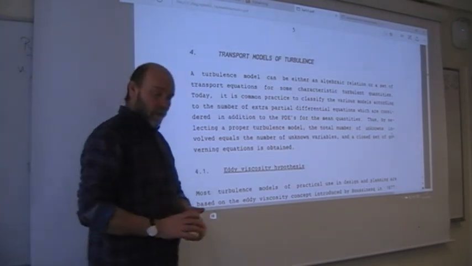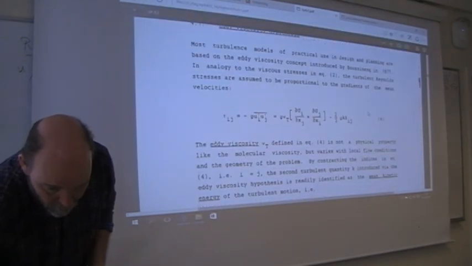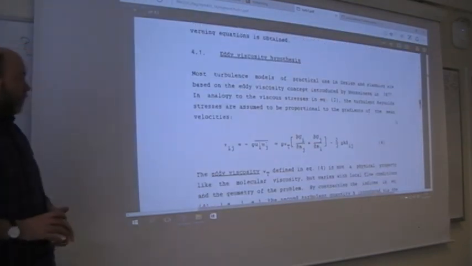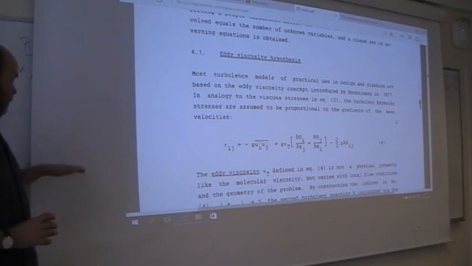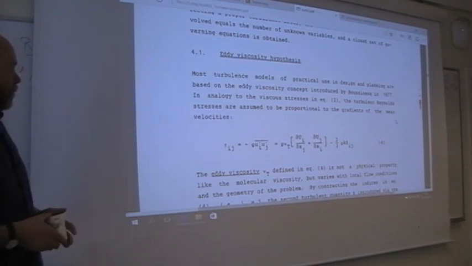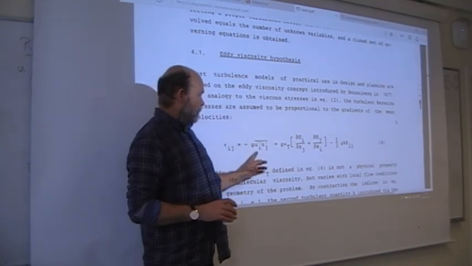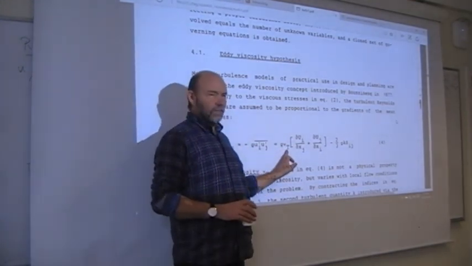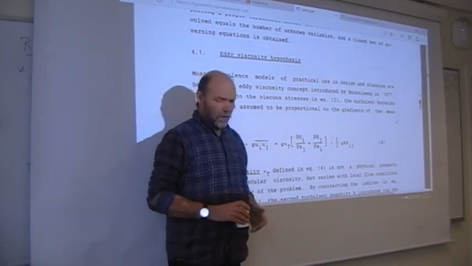Okay, any questions so far? Straightforward? Good. For the simpler models, the cheaper models, all the way down to k-epsilon, the two equation models, they will be based on this eddy viscosity hypothesis, where we say that we can represent all these Reynolds stresses with an eddy viscosity. This eddy viscosity thing, that's a little abstract. What should you think about?